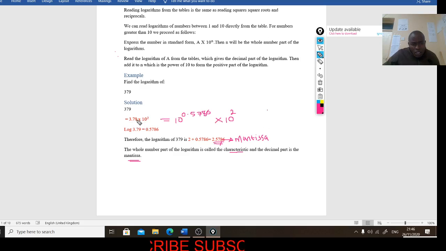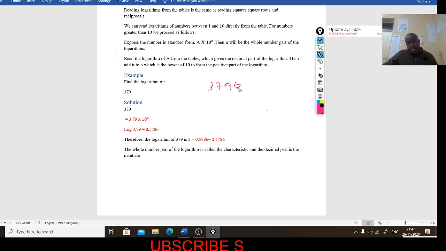If you are given a question like this one, it was straight 3.79. What if you are asked to find the logarithm of a number like, let me use the same number, 3,796. You're asked to find the logarithm of this. Now what you do, like I said, the first thing is to write this into standard form. So the standard form is 1, 2, 3.